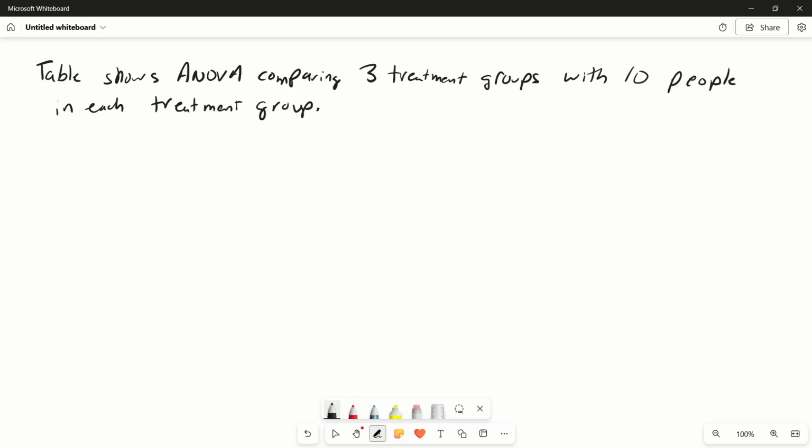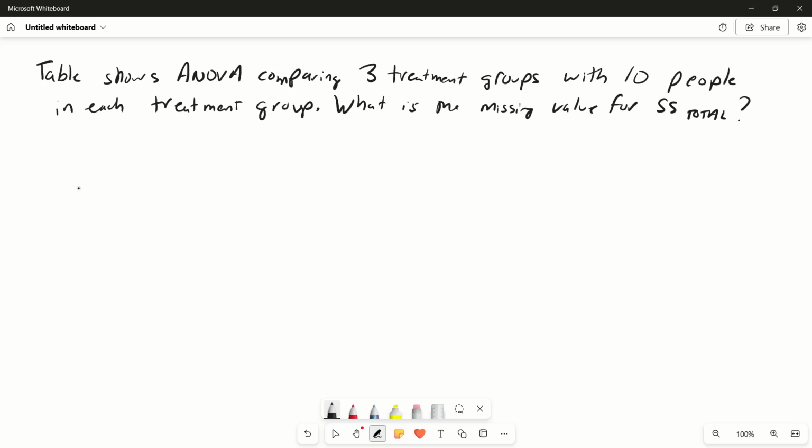And what is the missing value for sum of squares total?